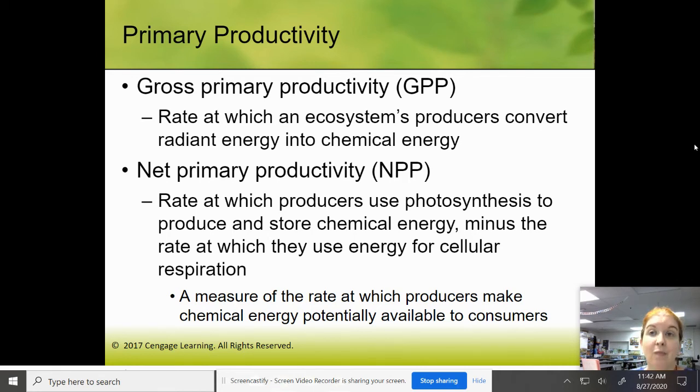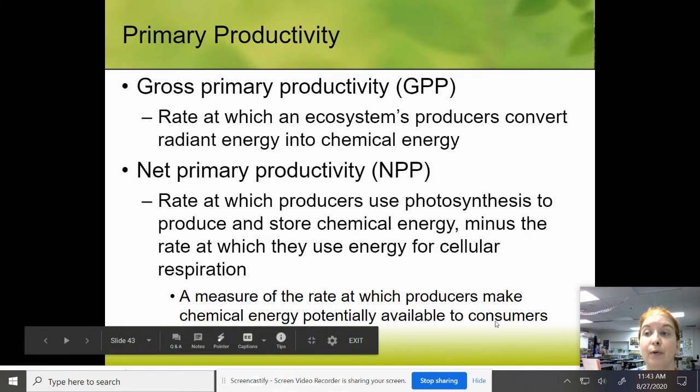That's it. Net primary productivity is the rate at which they use photosynthesis to produce and store chemical energy, minus anything they need to use for themselves. Plants make their own food, but they do need to use some of that. It's not all available to us. So that would be your net primary productivity: what is available to others? Gross is how much chemical energy plants make, and net primary productivity is how much is available for that next food level.